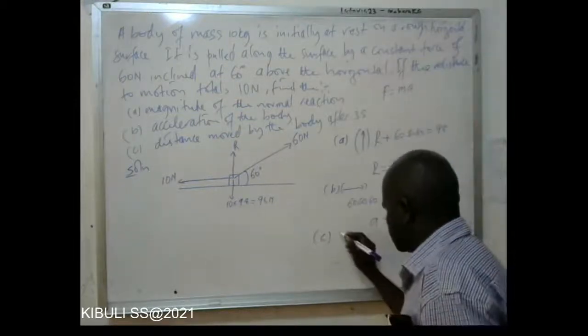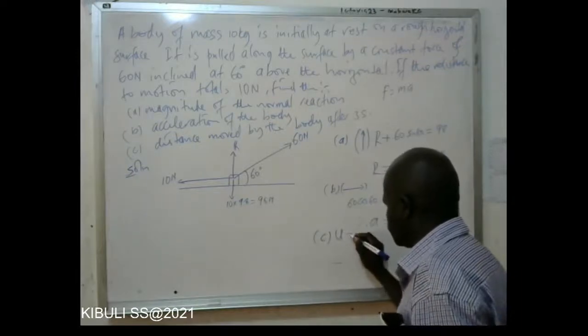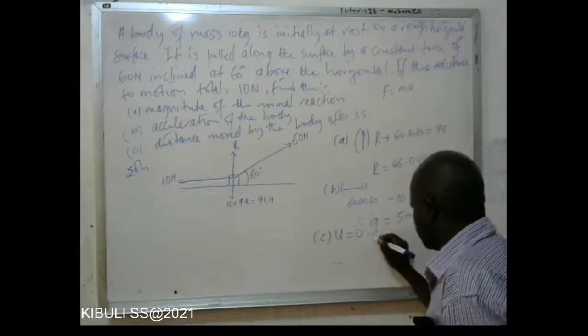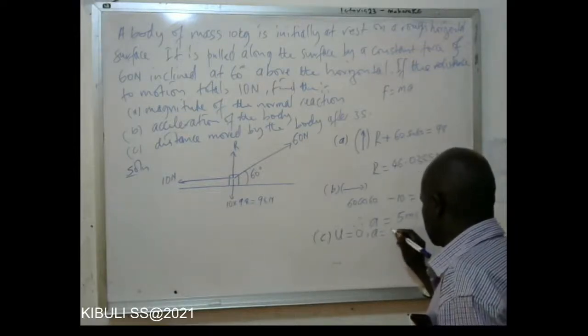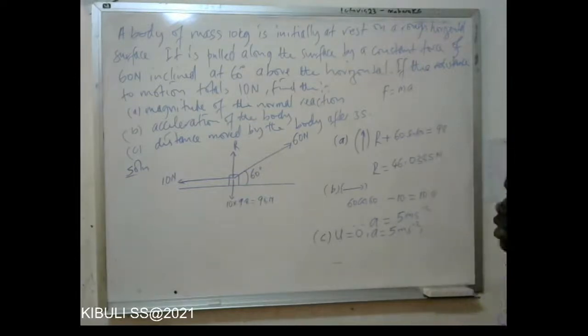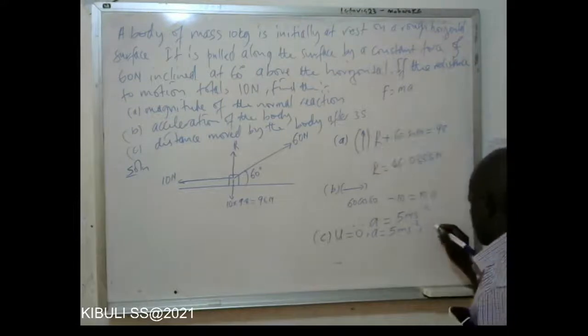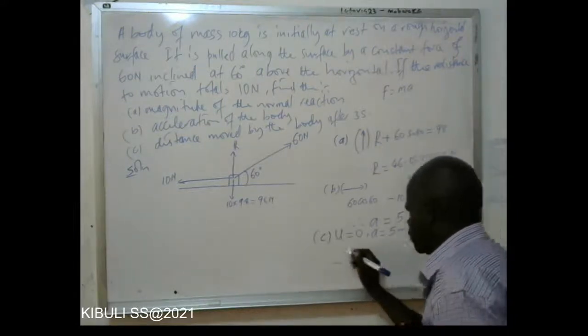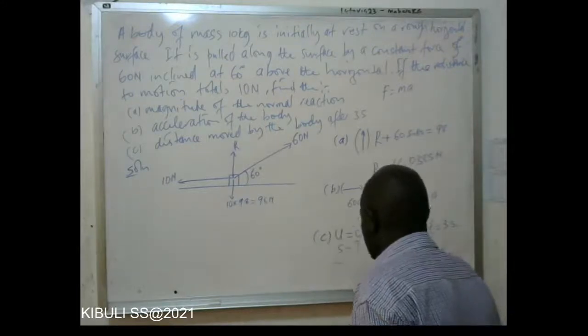So that means that the initial speed of the body, u, equals 0. The acceleration a is 5 meters per second squared. The question is asking us to find the distance after time t is 3 seconds. So we are looking for s.